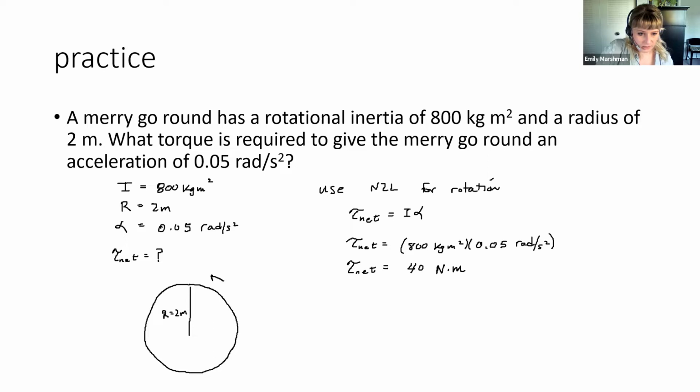Let's say it's rotating this way, with an angular acceleration of 0.05 radians per second squared. The torque required to do that is 40 Newton meters. What's the force required if I was applying a force on the edge of the merry-go-round? In order to get this thing to spin this way, I would apply the force like this, perpendicular.